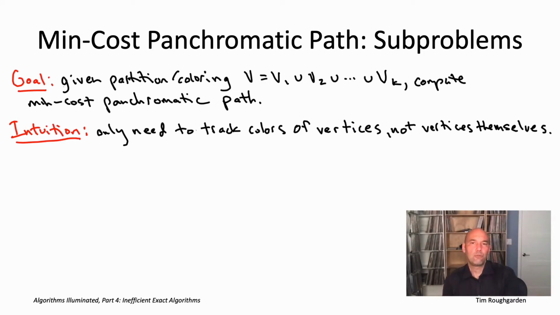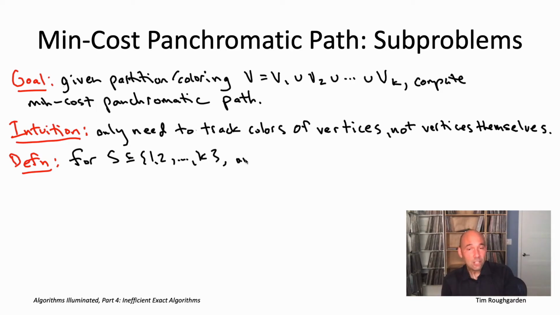So moving on to the formal definition of the subproblems, I need one quick piece of terminology. By an S path, here S means a subset of colors, so a subset of 1, 2, up to k.